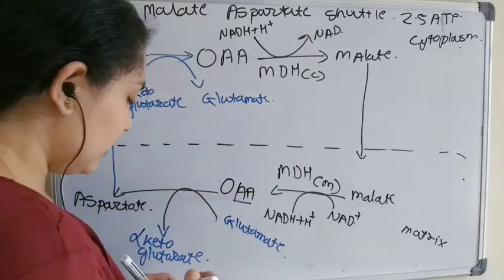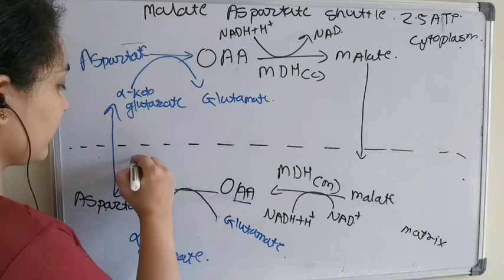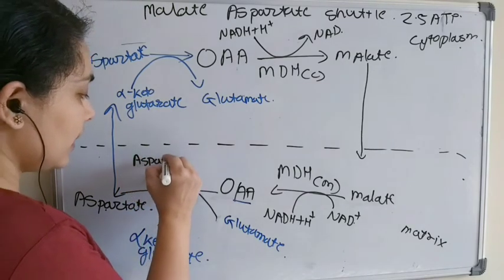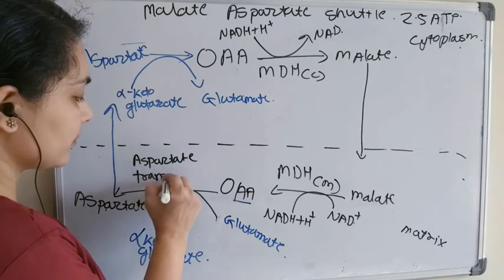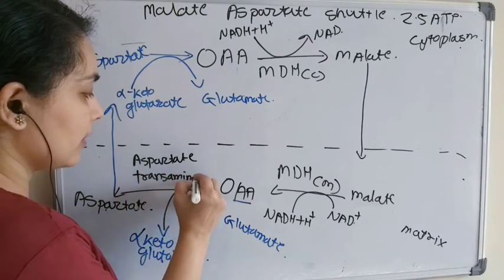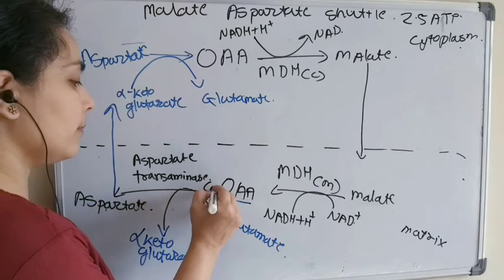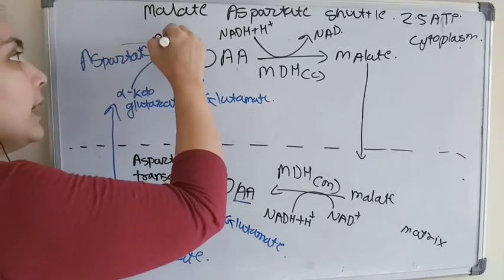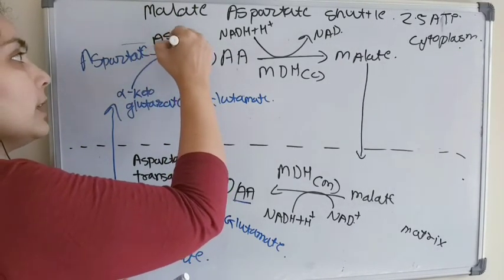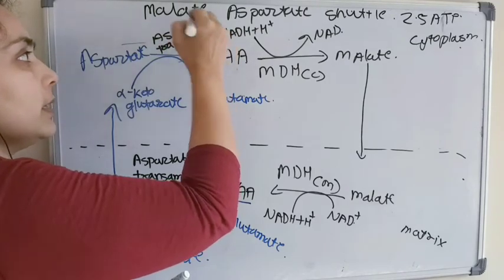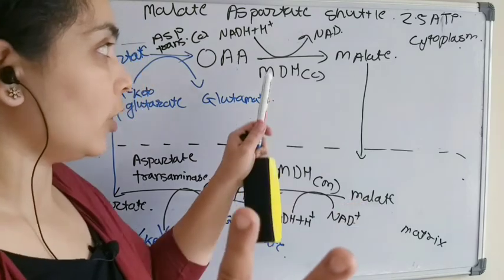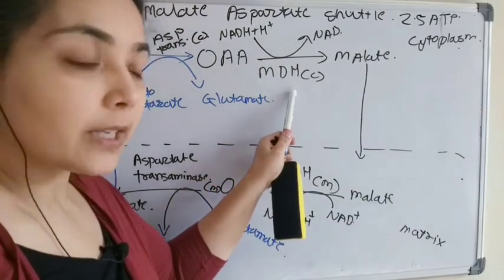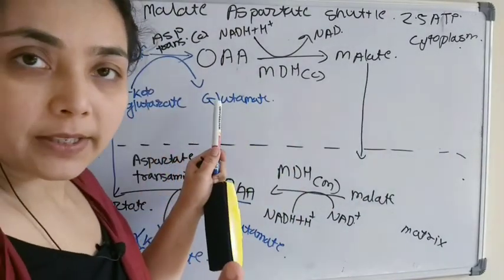So here the enzyme name is aspartate transaminase. Again this is the matrix, and this aspartate transaminase enzyme is present in the cytoplasm. So a total of 2 types of enzymes are involved here, malate dehydrogenase and aspartate transaminase.